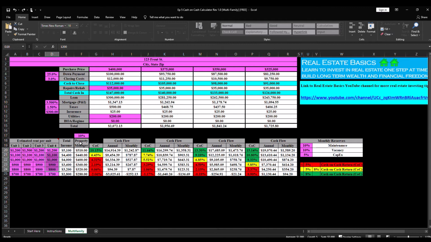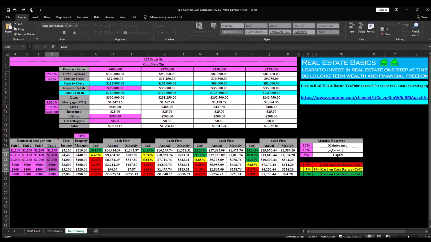Then if you are deciding to use a property manager, you can put what their percentage is of the monthly rent that they will charge you. Typically anywhere between 8 and 10%. And before we get to the cash flow and cash on cash, come over here to your monthly reserves. Can't forget about those.